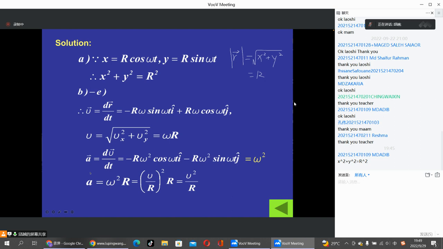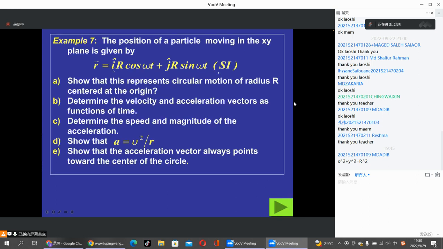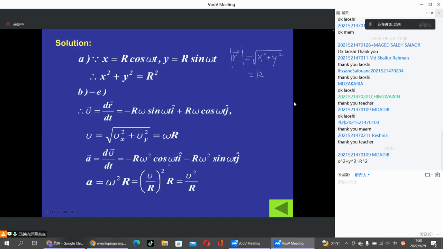And for this problem, we know that V here equals what? Minus R omega, R sine omega t. And we have R equals what? R equals this term. And we can see there is some relationship between R, the projection vector, and the acceleration.